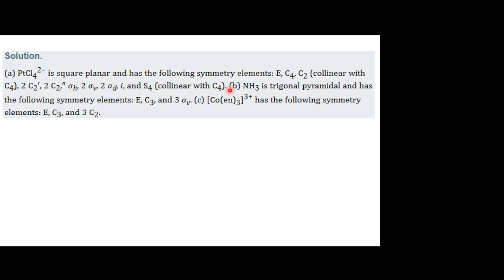So do the reflections always line up with the C2 prime and the C2 double prime? Because we have the one horizontal one which goes with the C2, and we have the two vertical ones to go with the C2 prime, and then the two C2 double prime that should go with the dihedral ones. So would those always match up? If you have them, okay.